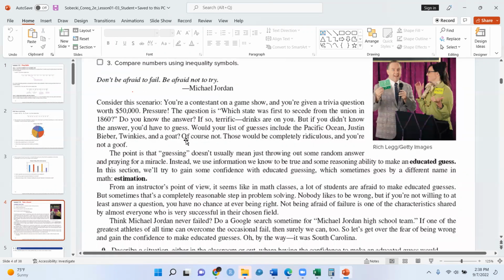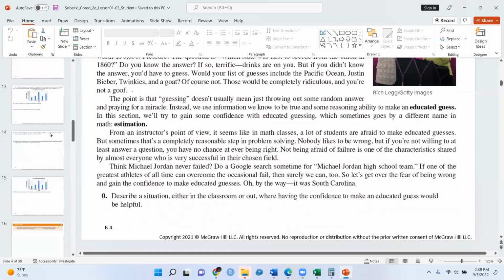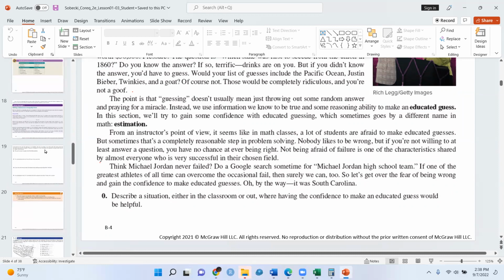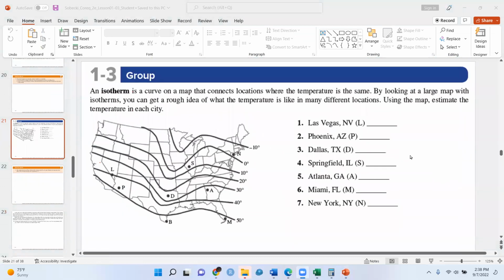So I want to jump to this page. I don't know which page this is in your textbook. This is the 1-3. This is a graph of an isotherm, and it connects locations with the temperatures.